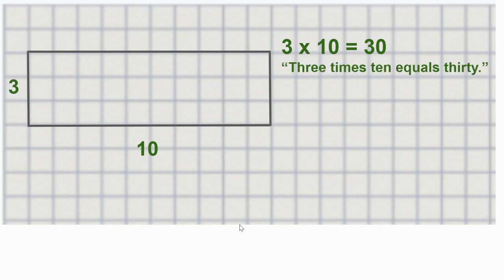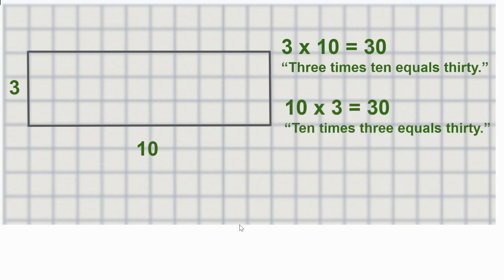But we can also switch that and look at a 10 by 3. 10 times 3 also equals 30. And how many squares are in the rectangle? We just said it. There are 30 squares inside, so the area of this rectangle is 30.